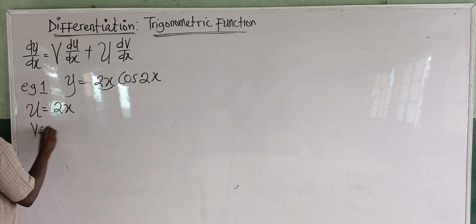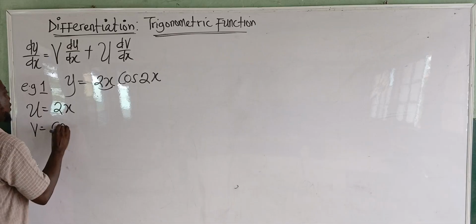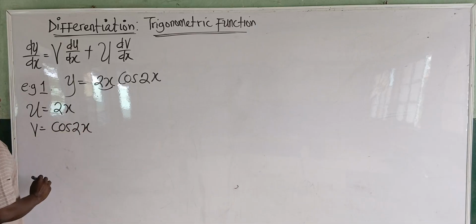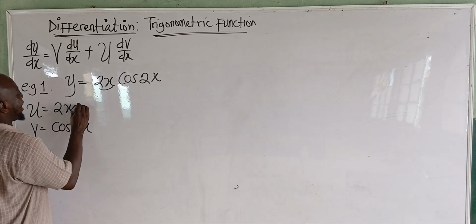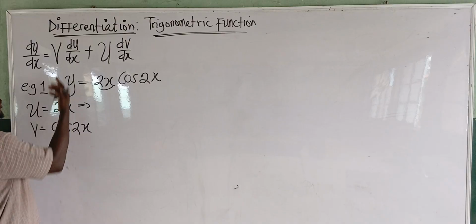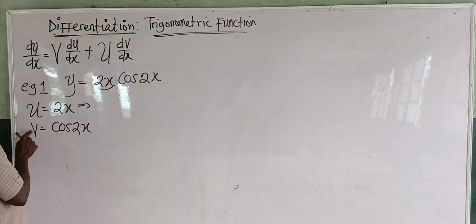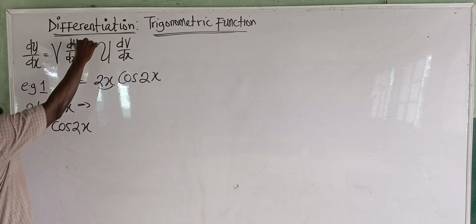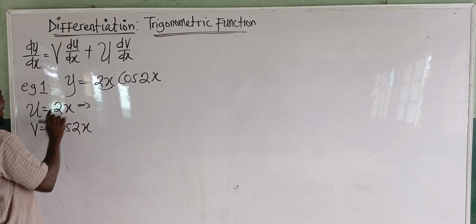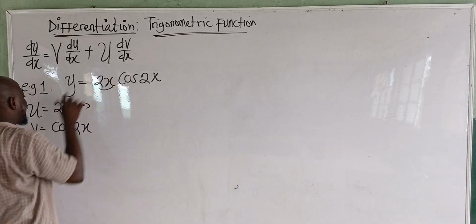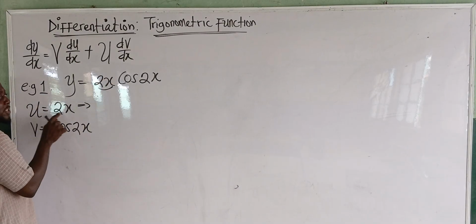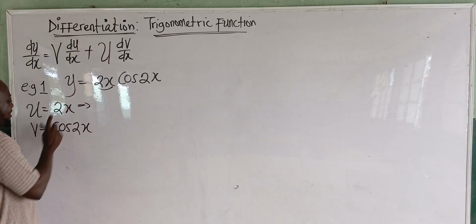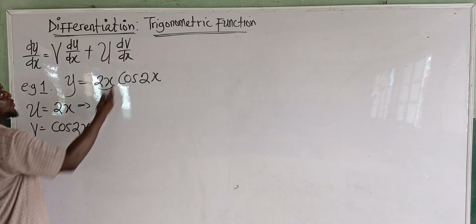That means v will be all of this, so that gives us cos 2x. What do we know now? We only have v and u, and by the side of v we have du dx, and by the side of u we have dv dx. That means if you differentiate u with respect to x, you will get this value, and if you differentiate v with respect to x, you will get this value.